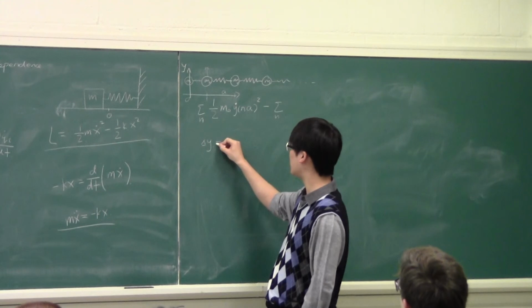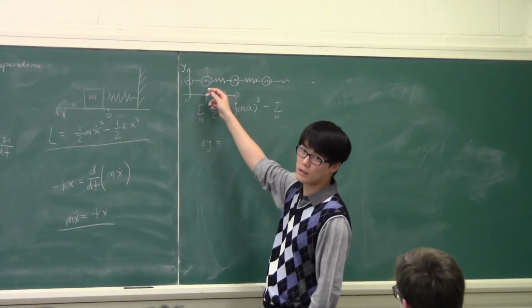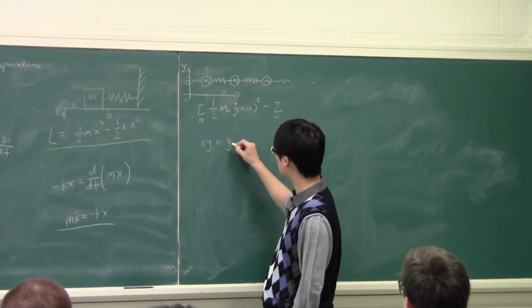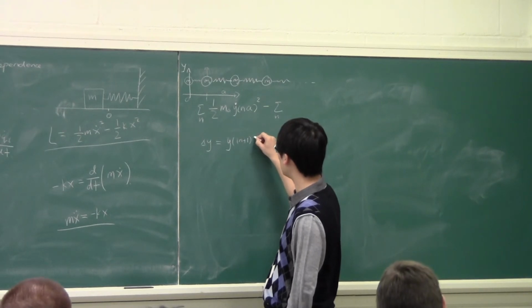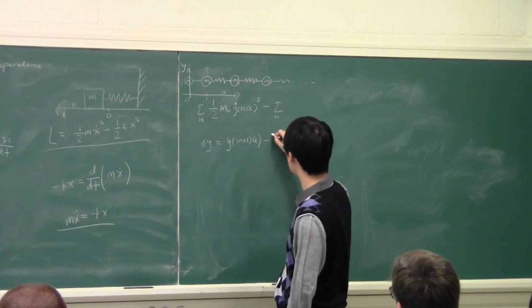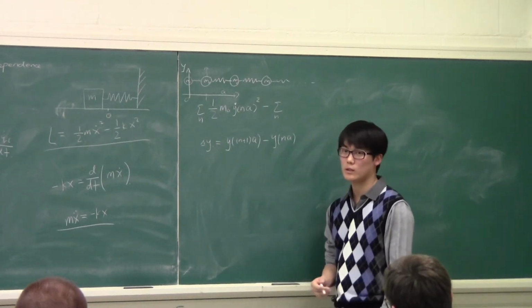This is defined by the difference between this atom and its nearest neighbor. So let's choose this to be pointing one way: y of (n+1)a minus y of na.